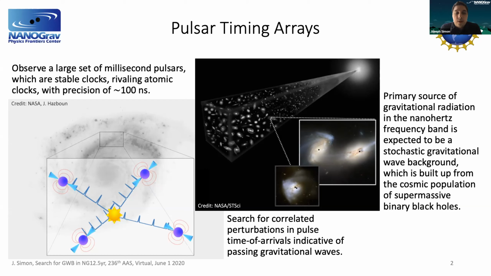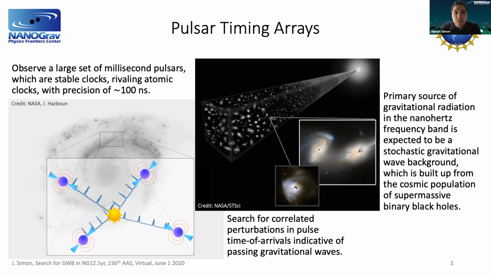PTAs are sensitive to nanohertz frequency gravitational waves. The primary source that's expected in this frequency band is a stochastic gravitational wave background coming from a cosmic population of supermassive binary black holes. These are the most massive binary black hole systems in the universe.